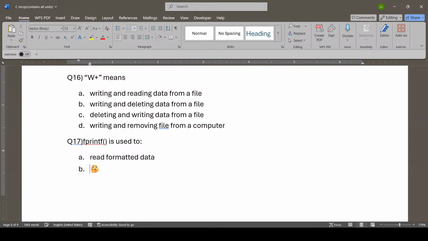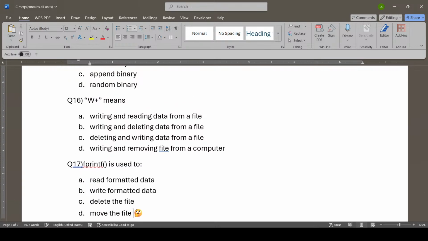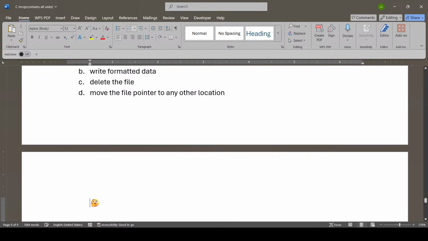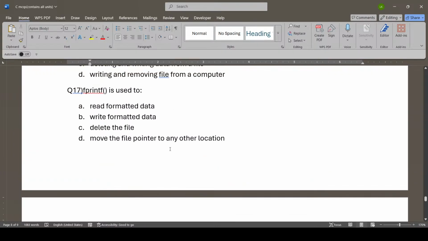Next, write formatted data. Next, delete the file. Next, move the file pointer to any other location. So what do you think? Which one is the right answer? Question 17.